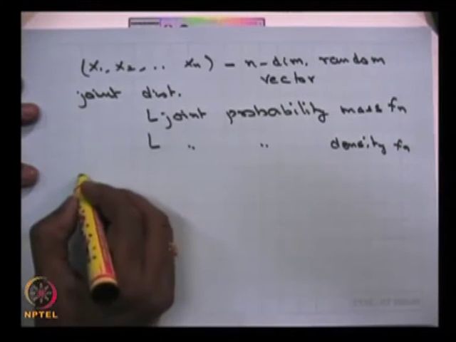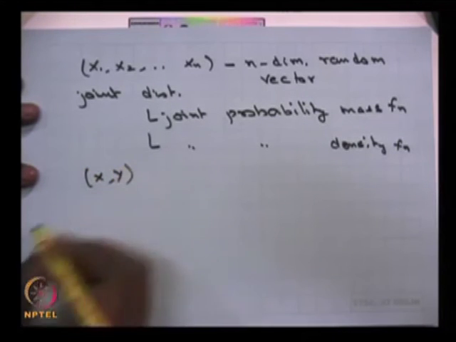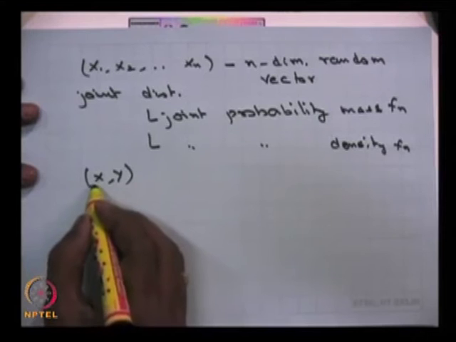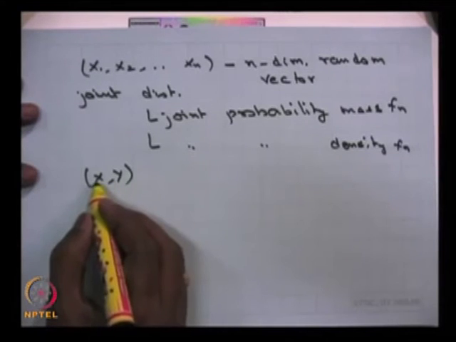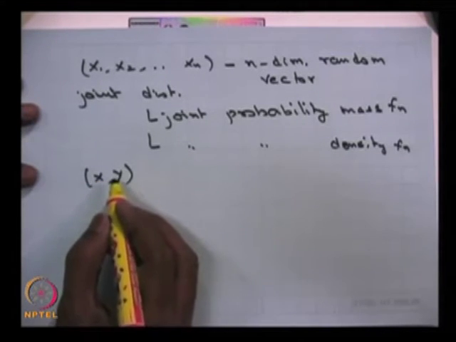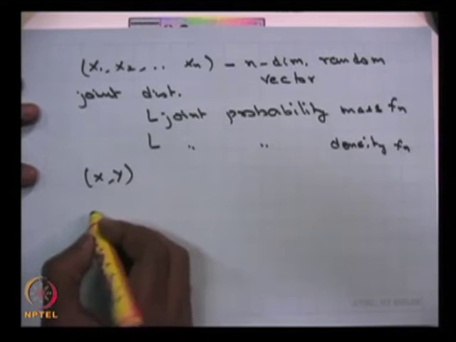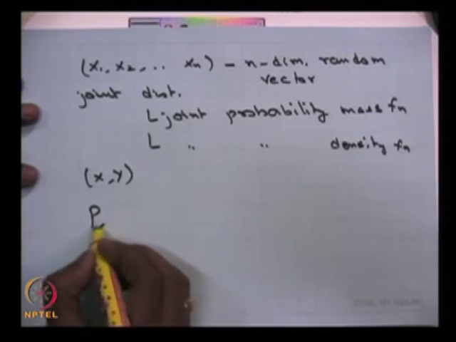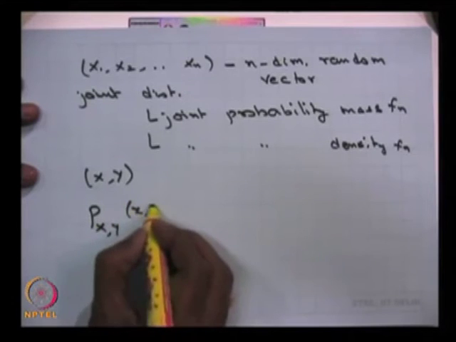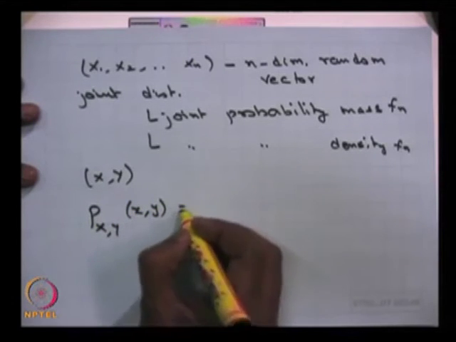Suppose you take an example of a two-dimensional random variable (X, Y). If both the random variables are discrete, random variable X is discrete as well as random variable Y is discrete, then you can define the joint probability mass function of this two-dimensional discrete random variable.